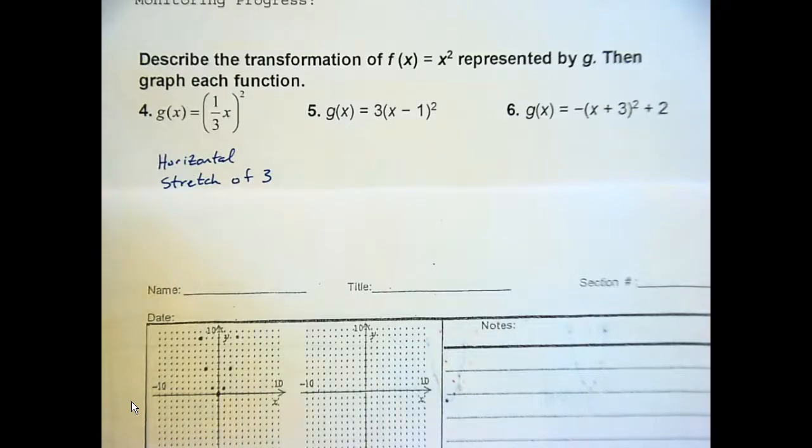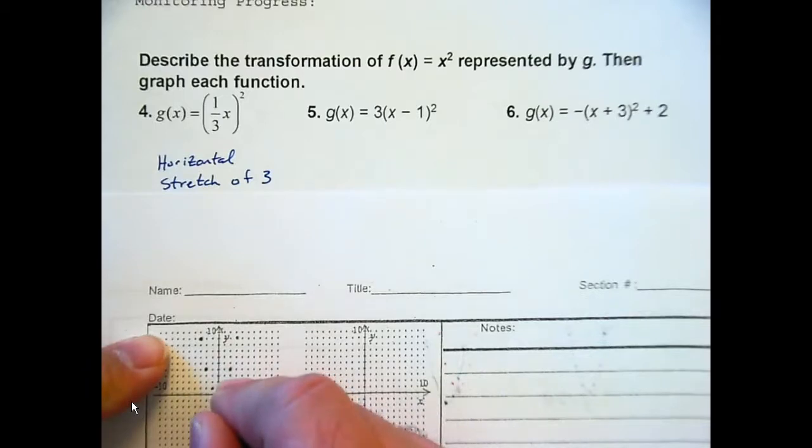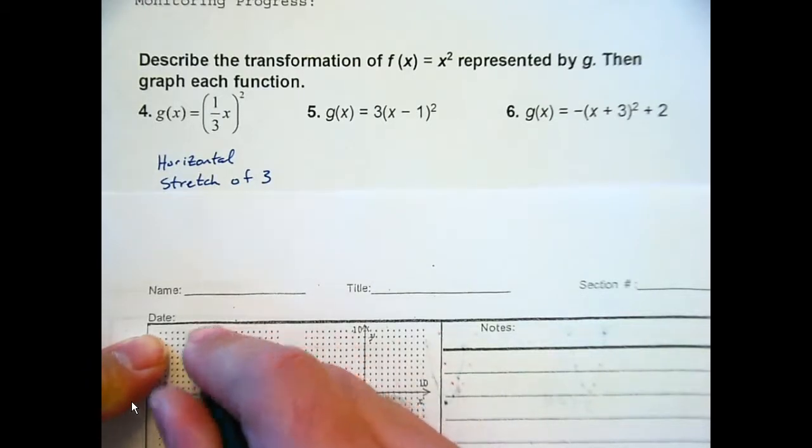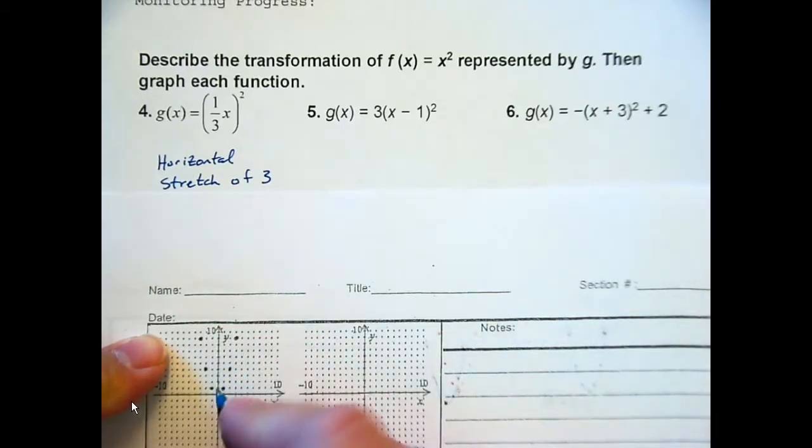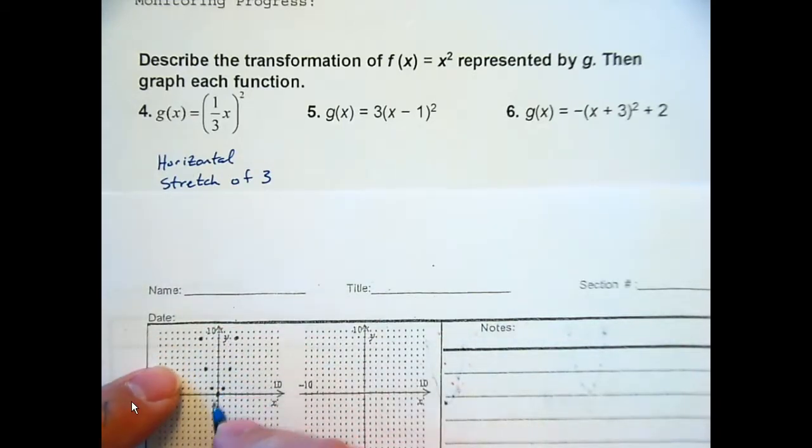Okay, so what that means, now here's conceptually where I'm hoping that we'll pick this up. What that means conceptually is that each of these points is being stretched 3 times the distance from the y-axis. So since this point currently is on the y-axis, my vertex, it's not going to move.